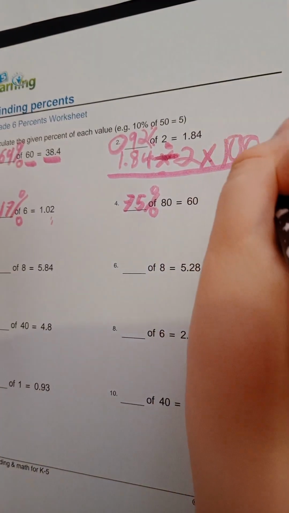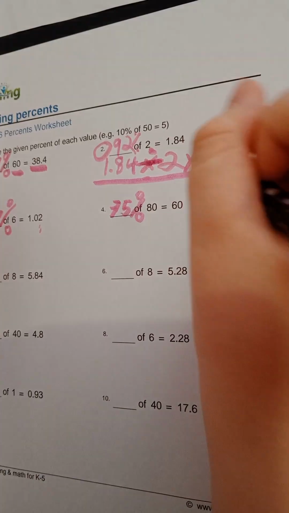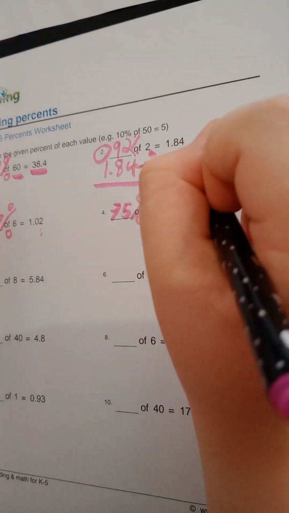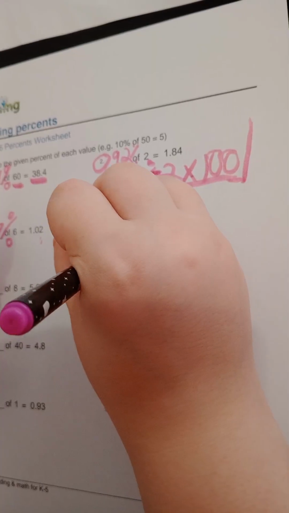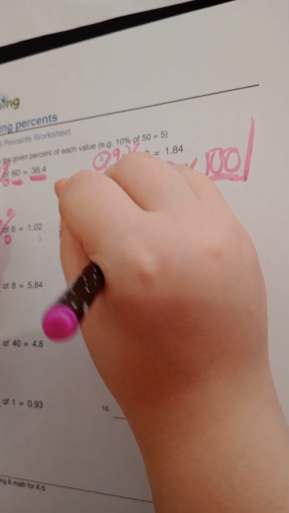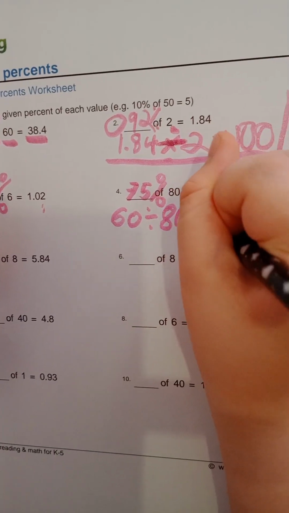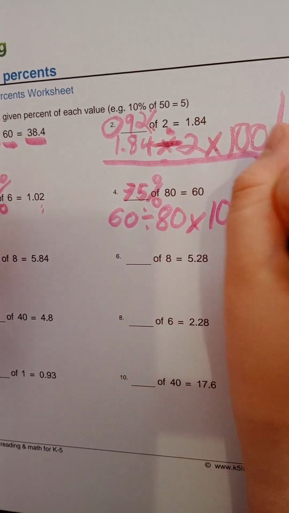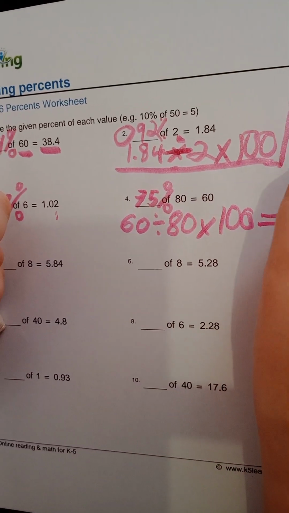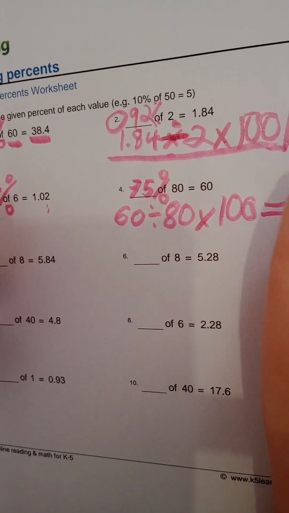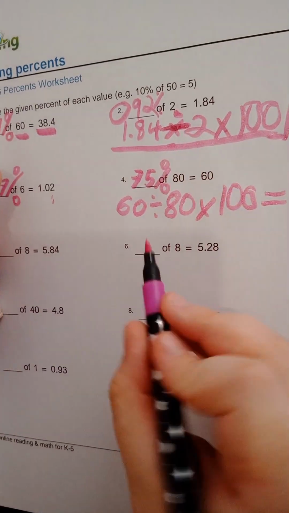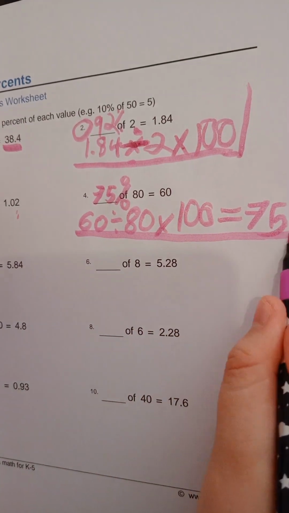These are separate. So you start with the part number, 60, divided by 80, times 100, equals your percent.